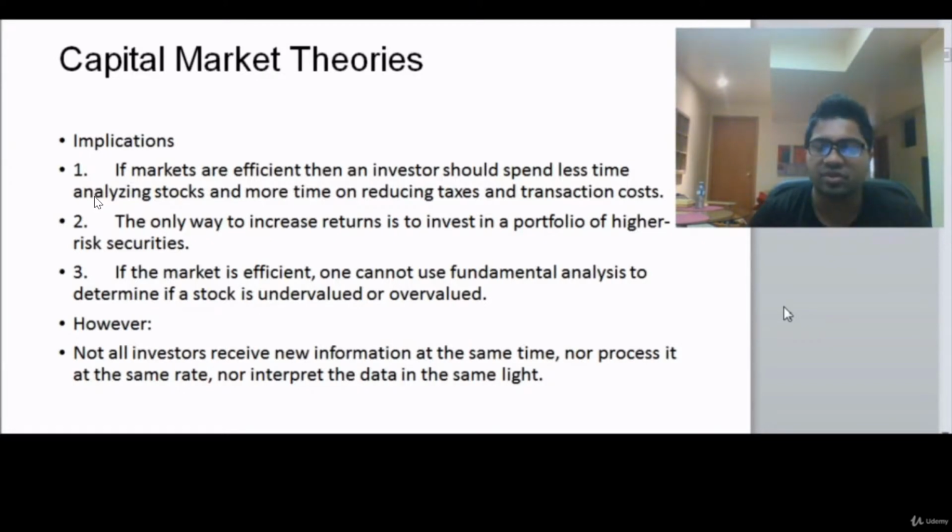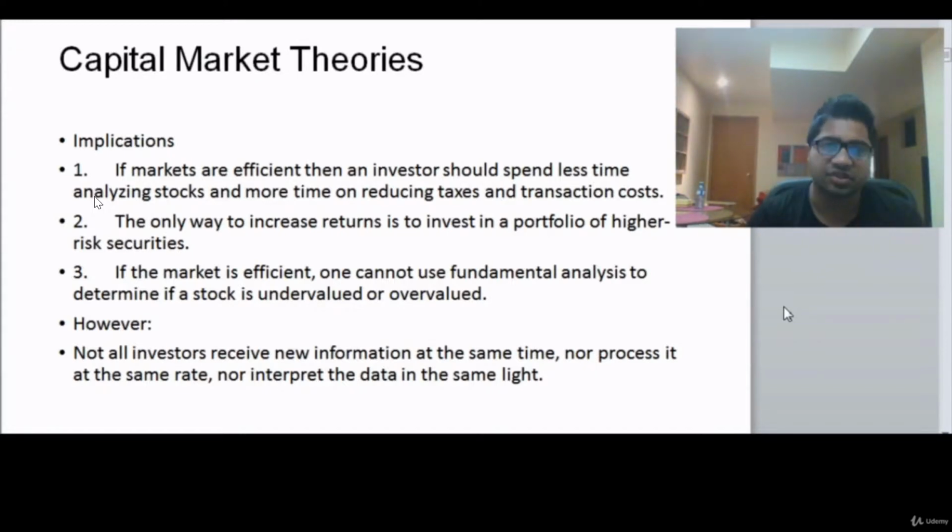The only way to increase return is to invest in a portfolio of high risk securities. It means the only possibility to increase returns for your portfolio is to take more risk. So there is no free return. If you want more return, you have to take more risk.